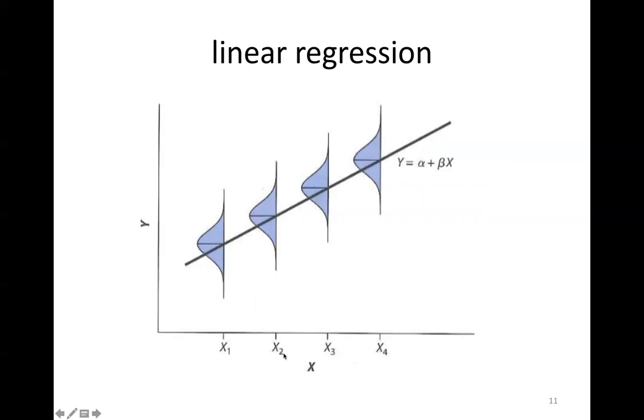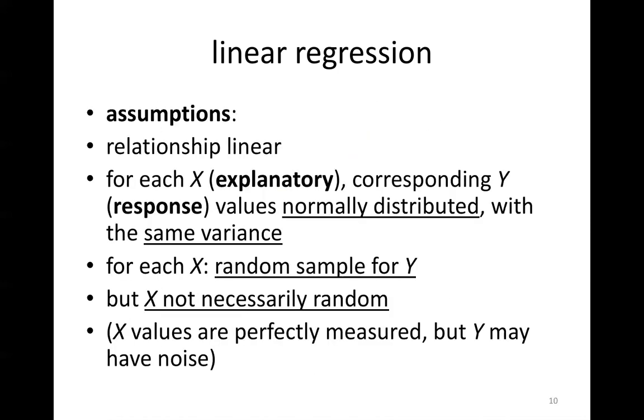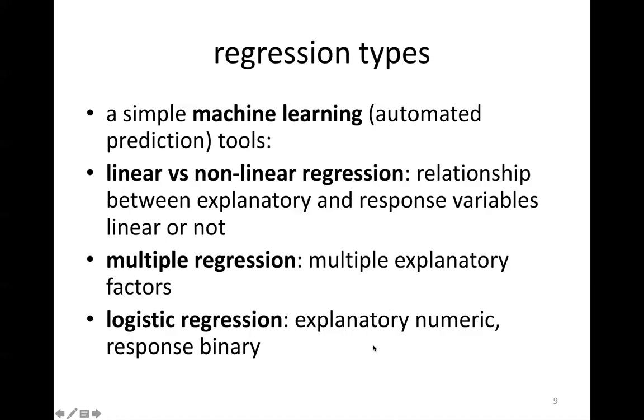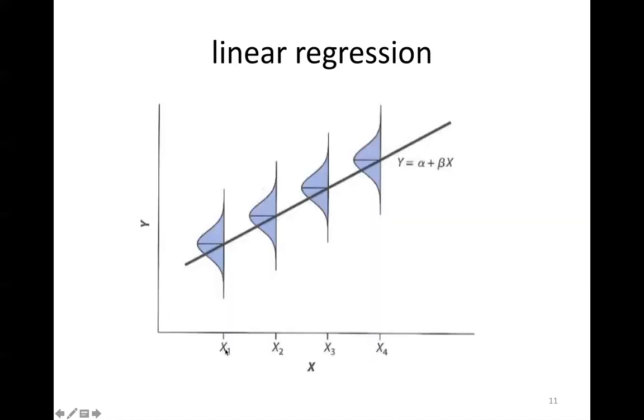So we might have collected x regularly, or in a fashion that doesn't necessarily represent random sampling, whereas the values on the y, the response, we expect are random results of random sampling. And also, we'll come to that later. X values we assume are perfectly measured, but y might have noise. So we assume there's no noise on the x, there's noise in the response.